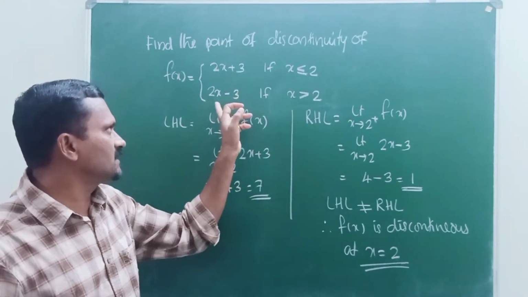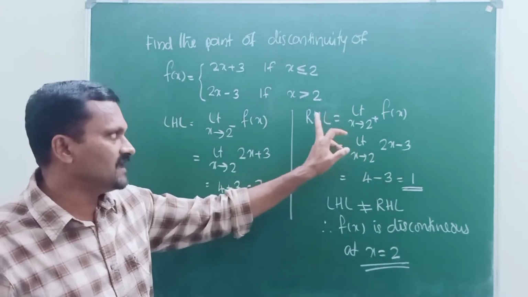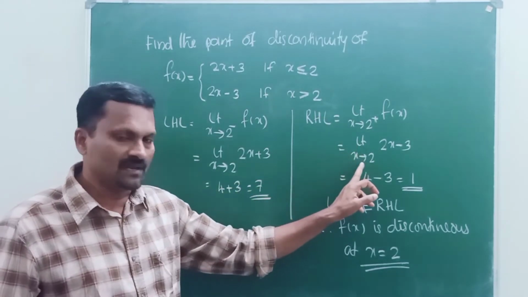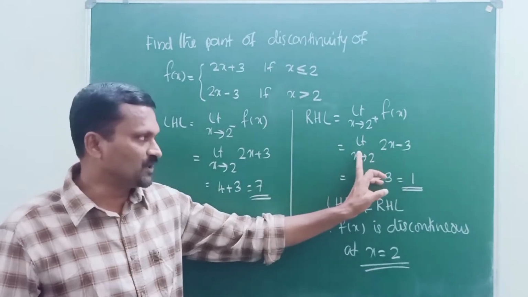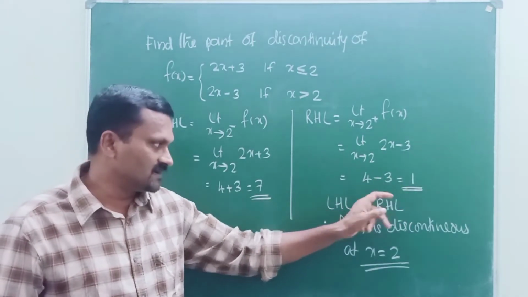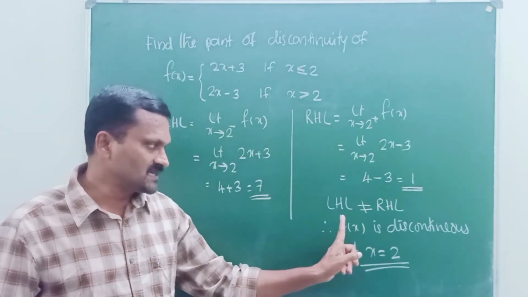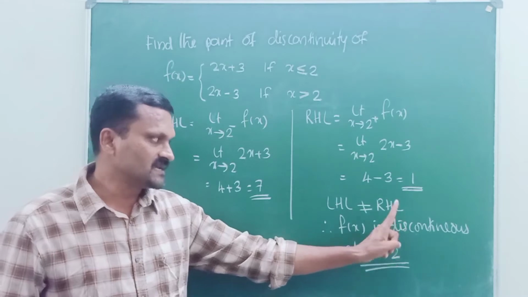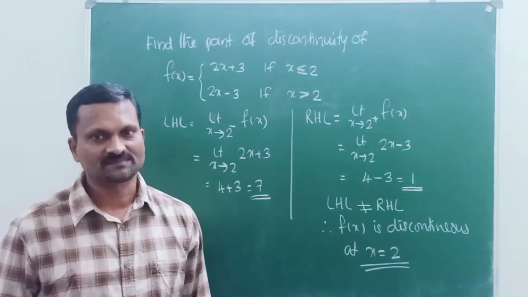When x is greater than 2, the function is 2x minus 3. Then RHL equals limit x tends to 2 of 2x minus 3. Put x equal to 2, then it becomes 1. Here LHL not equal to RHL, which implies the function f of x is discontinuous at x equal to 2.